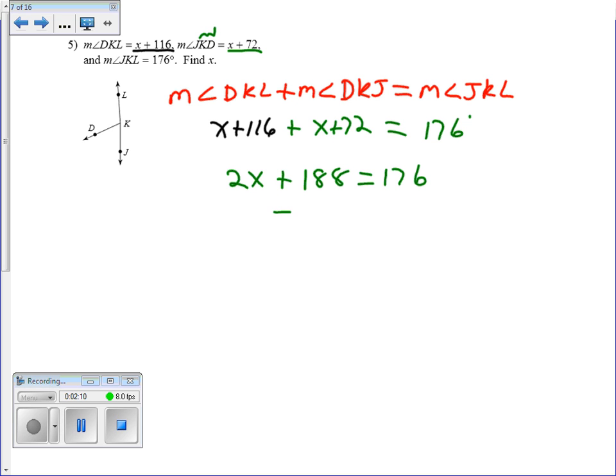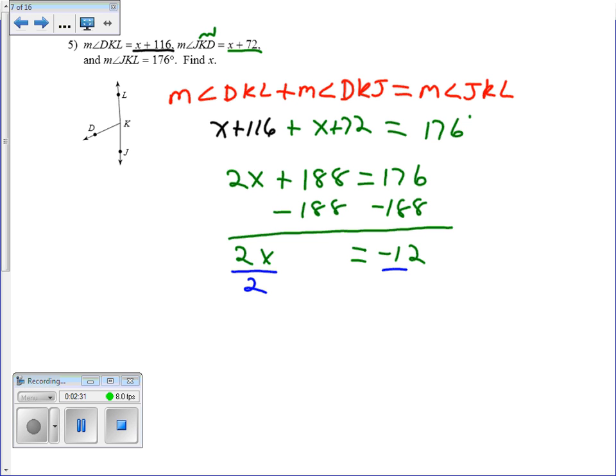Subtract 188 from both sides, and you get 2x equals negative 12. Divide each side by 2. X is equal to negative 6. Did I answer the question? Yes.